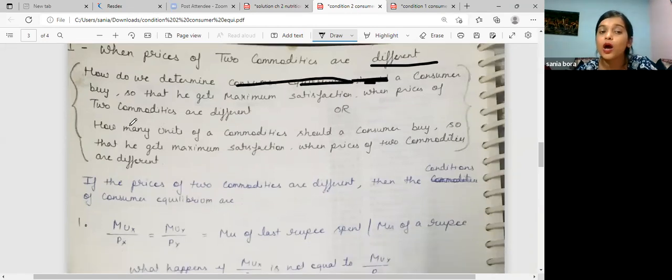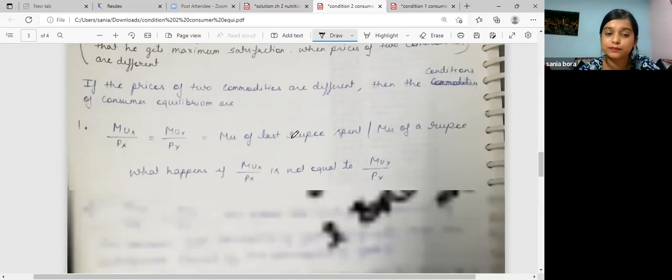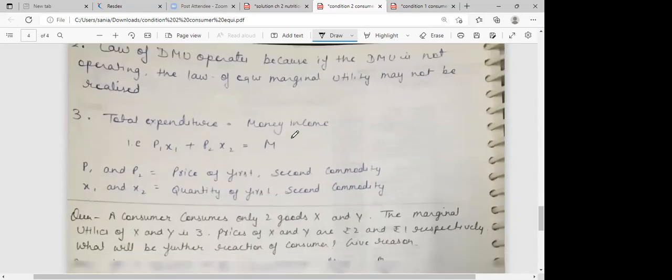Or how many units of commodity should a consumer buy so that he gets maximum satisfaction when prices of two commodities are different? Clear? So either they will directly ask you to explain the consumer equilibrium condition, or they will ask how many units of commodity the consumer should buy to get maximum satisfaction. Clear? Yes, teacher. Okay.